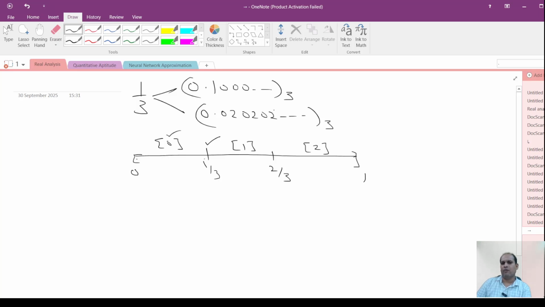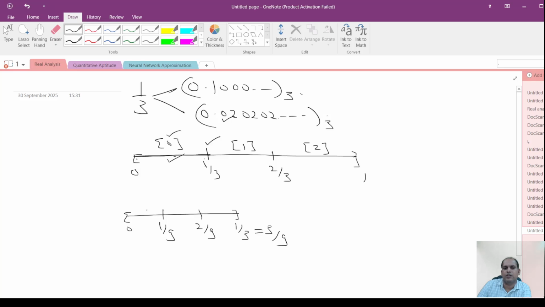So in ternary form we have both representations. 1/3 has two alternate representations because if we start from this one, 1/3 shares the boundary of the closed interval 0 to 1/3. So at the first place we have 0, and on dividing 0 to 1/3 again into 3 equal parts, written as 3/9, we get 1/9 and 2/9.